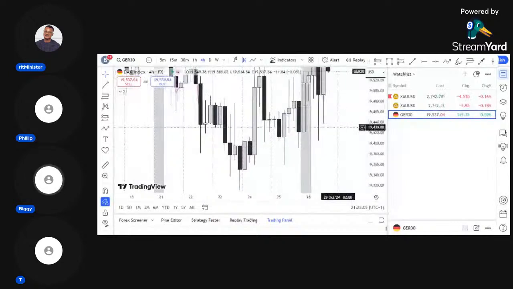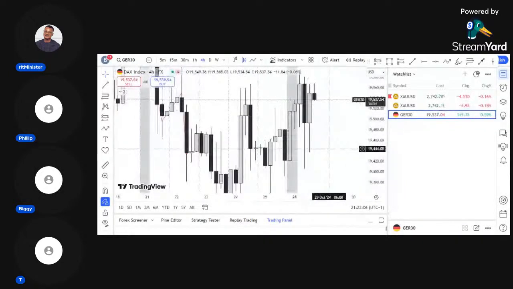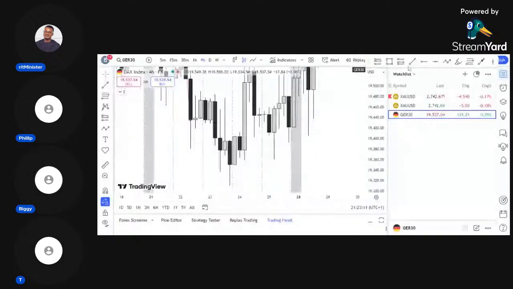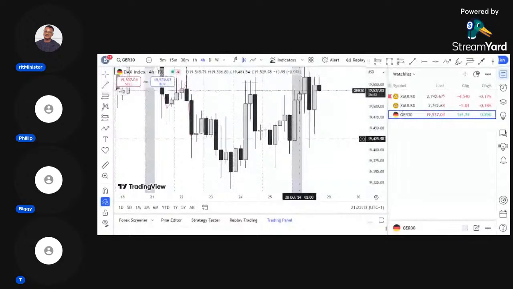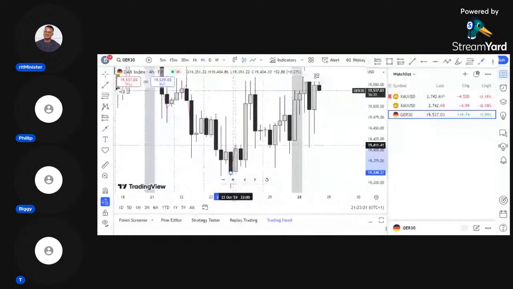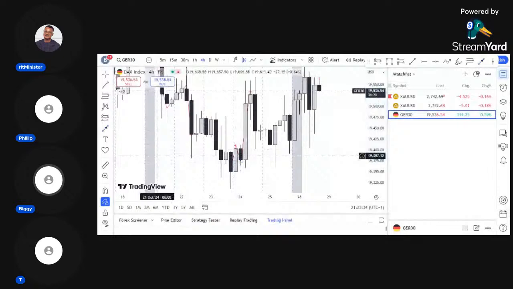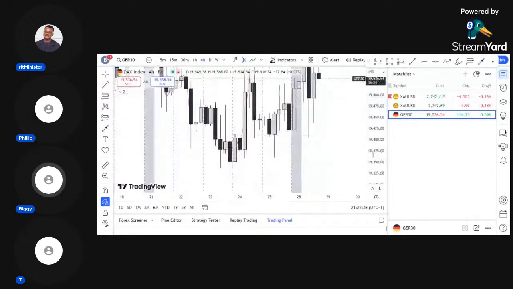The same thing, you see this particular zone. In this case, the market went up, came down, and then broke above this place. So this particular zone is the 4 hour zone.